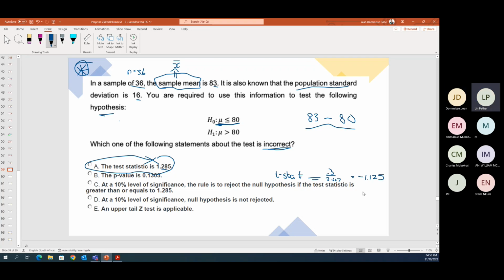Sorry, John, just quickly, if the null hypothesis didn't have the equals to, less than or equal to, and it only had less than, if that's possible, would we still use 80 in that case? Yes. It should always be something with equal, so equal to, less than or equal, or more than or equal. But if not, still use the 80, because it's again the continuous distribution.